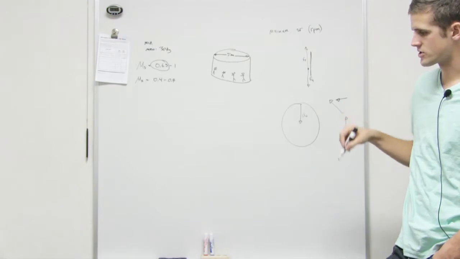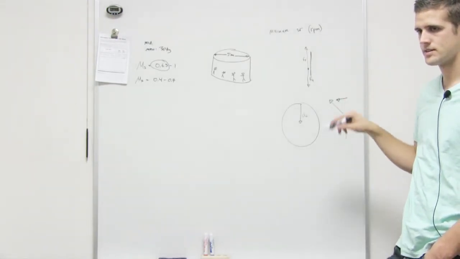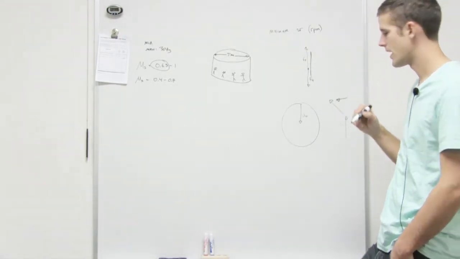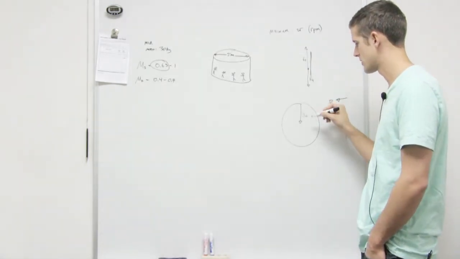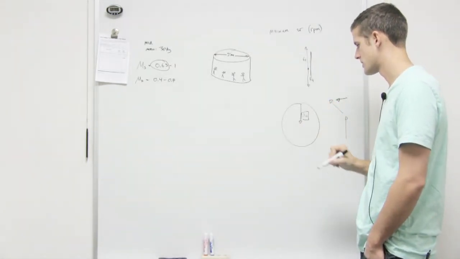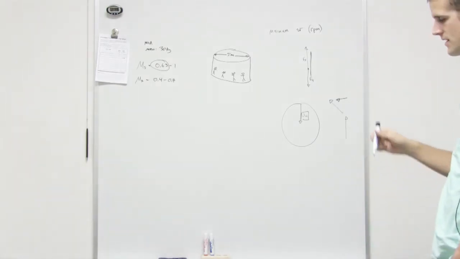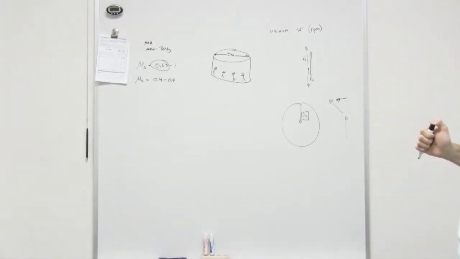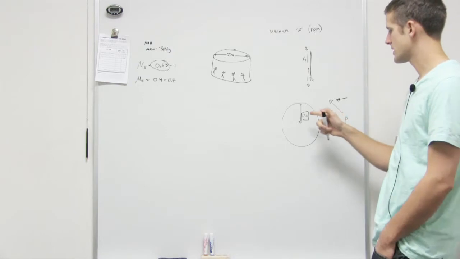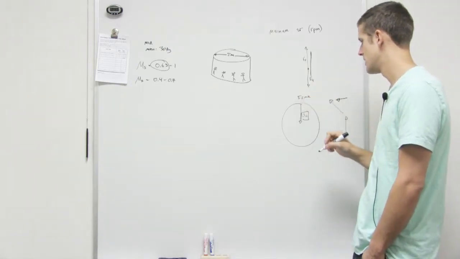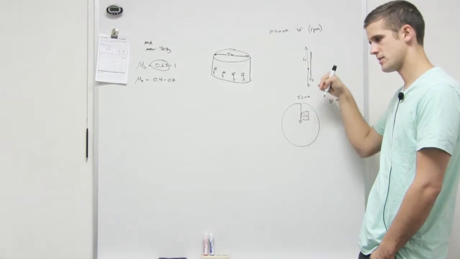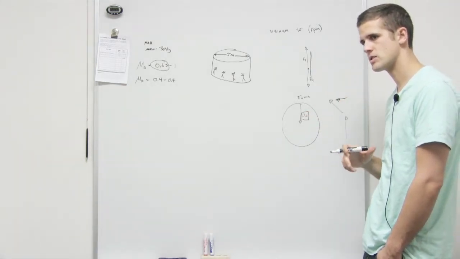So if you're going around in a circle, you're always accelerating towards the center, even if you're going at a constant speed. That's what centripetal acceleration is. Because force equals mass times acceleration, in order for there to be an acceleration, there has to be a force pushing it towards the center.